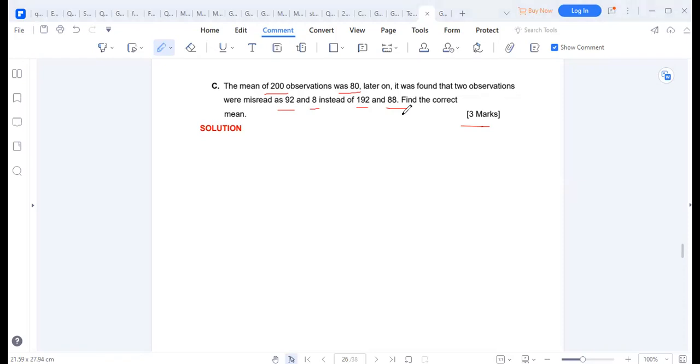So we can extract the data that we have here. Which one is the mean between 200 and 80? I think people had a problem there. 80 is the mean.